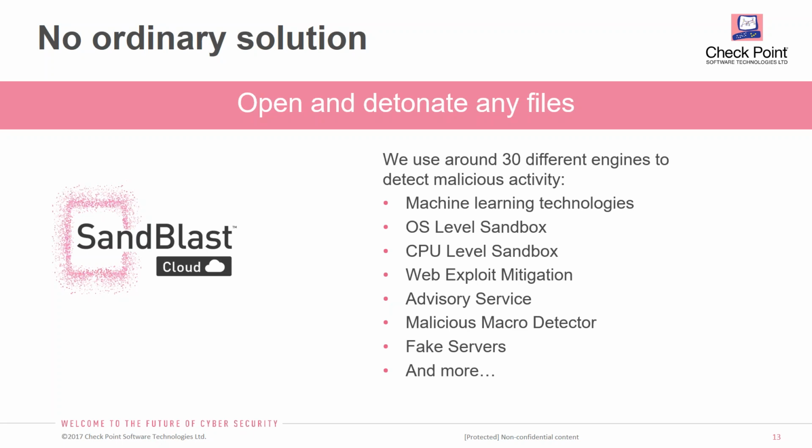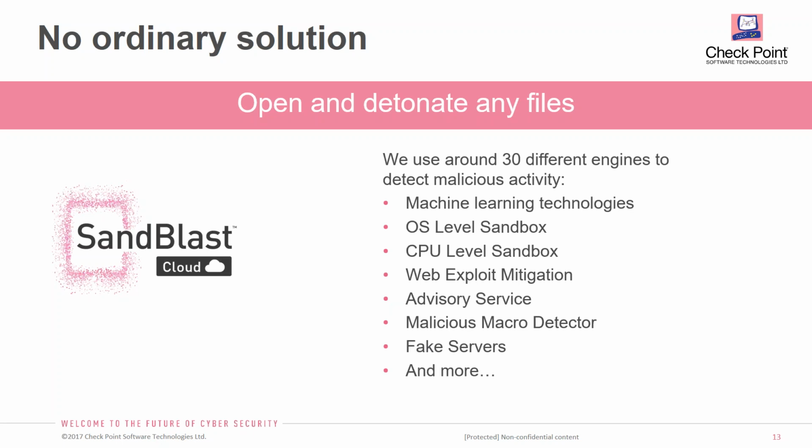We also have a CPU level sandbox, which looks for what's called a ROP-based attack and other very advanced attacks that may happen to you if you are targeted by the really advanced bad guys. We have technologies to look at web exploits in Flash files, for example.